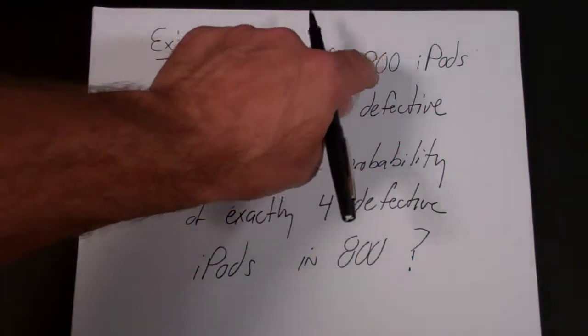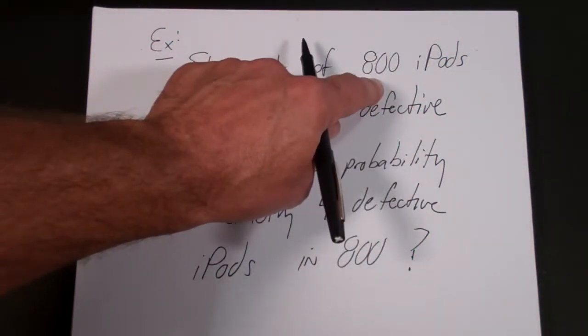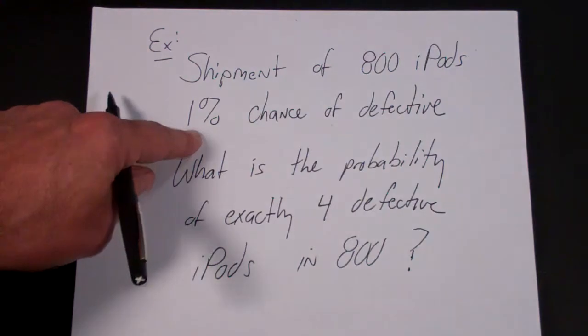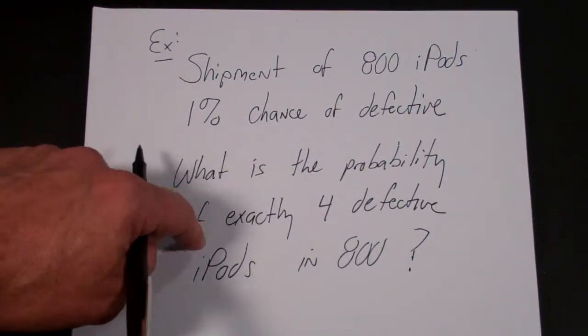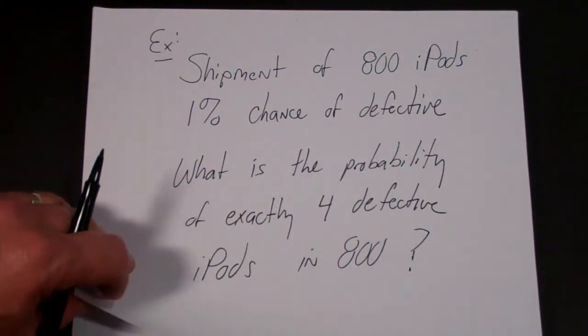If you notice, there's a certain set number of iPods. Each one has an equal chance of being defective, and you want the probability of that certain number being defective. So first, in this video, let's describe what we call the binomial situation.